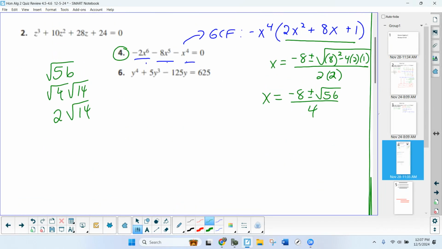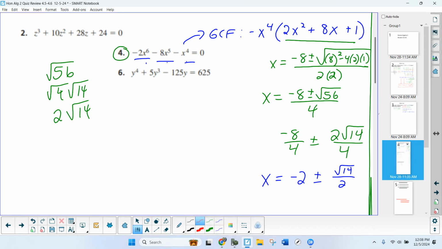So I just said, okay, this is negative 8 over 4 plus or minus 2 square root of 14 over 4. What's negative 8 over 4 give me? Negative 2. What does 2 over 4 reduce to? 1/2. Now, you could either have it like that if you have the 1 up there, that's fine. If you have 1/2 square root of 14, that's fine.